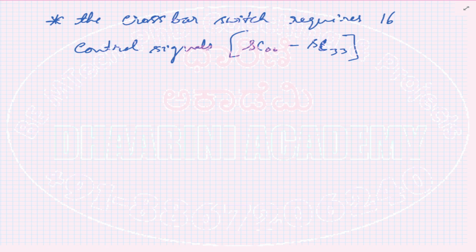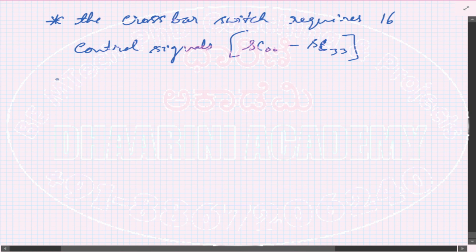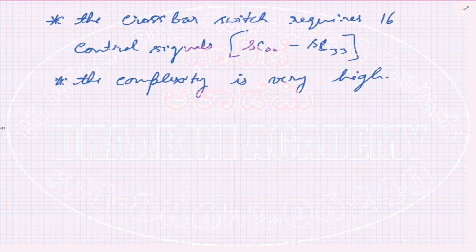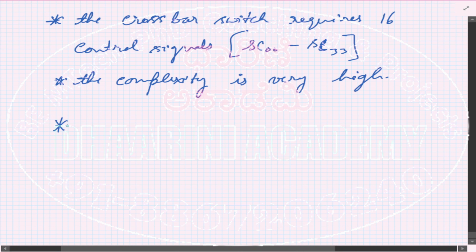Because of that, the complexity is very high. So now we'll try to modify and get back to our original problem. We try to solve the problem using this technique.